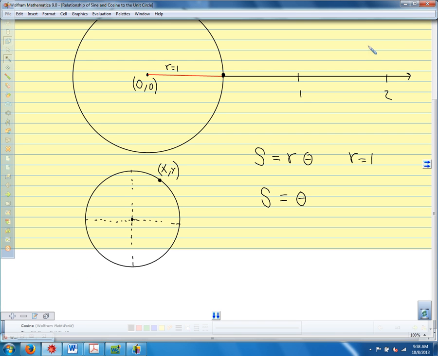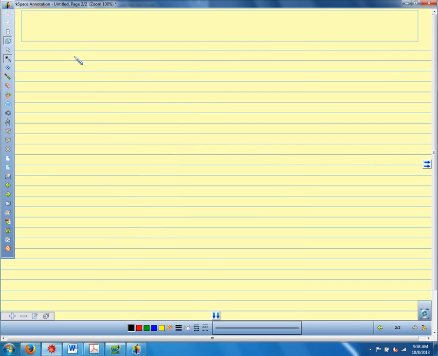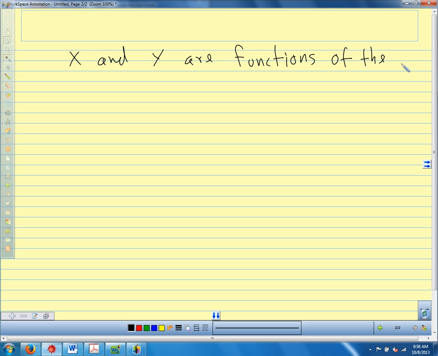Okay. So what we're going to do is say that the x-coordinate and the y-coordinate are a function of the angle. Because those x and y coordinates are varying, we say that the coordinates are a function of the angle. So x and y are functions of the angle.